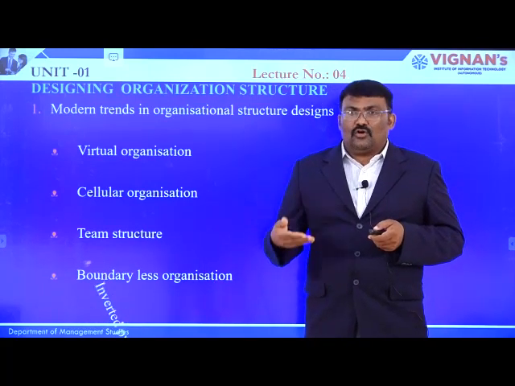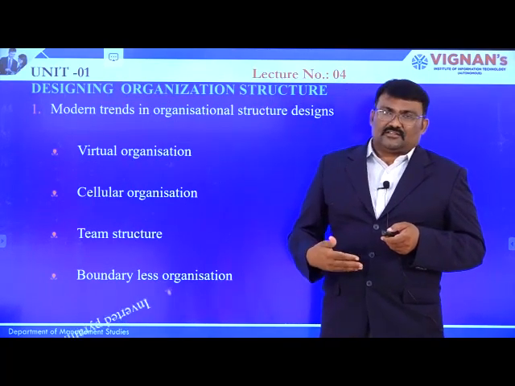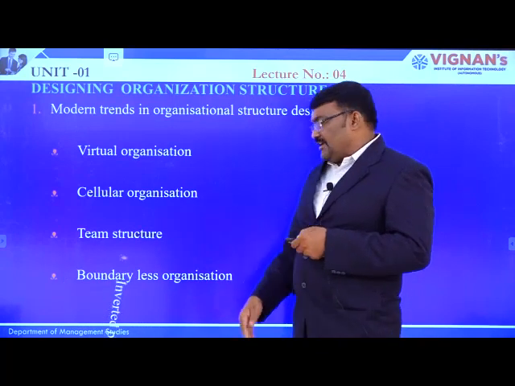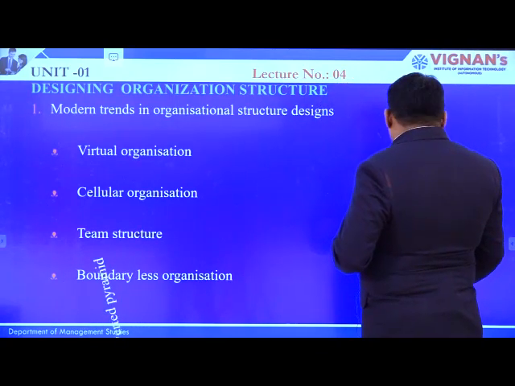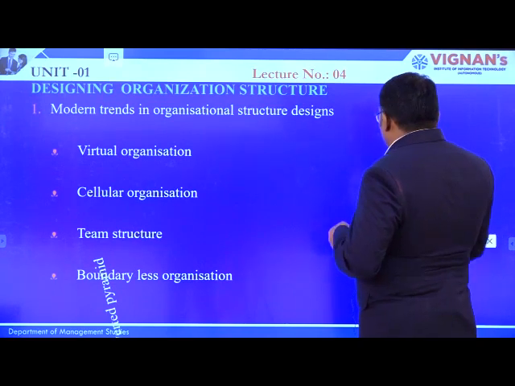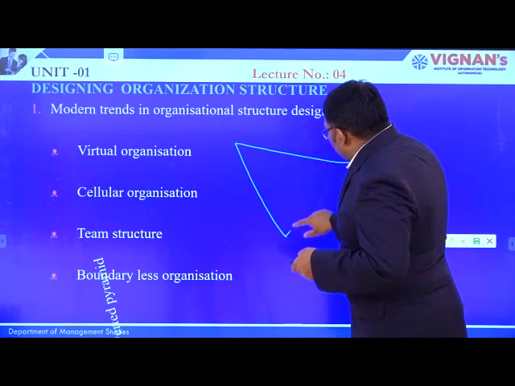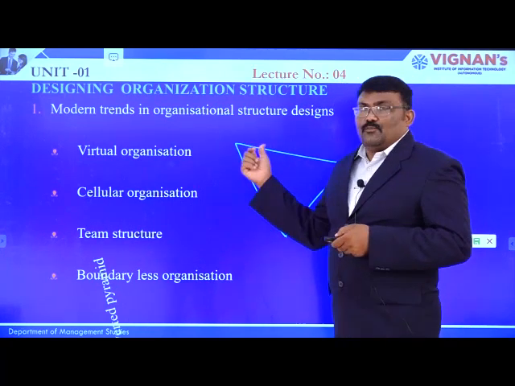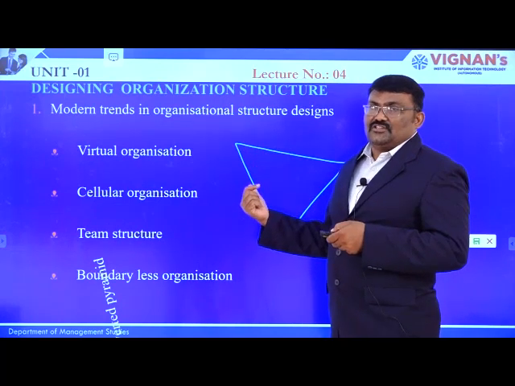That means the low level would be at the top and the top level will be at the low level. And why have such a scenario? Because when the low level feels that the top level is responsible, then they will work more consciously and be more committed towards the organization.